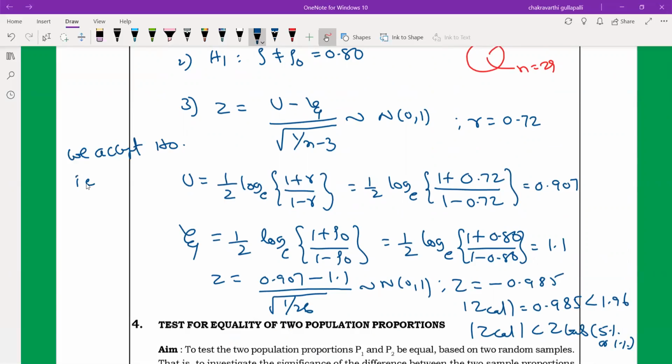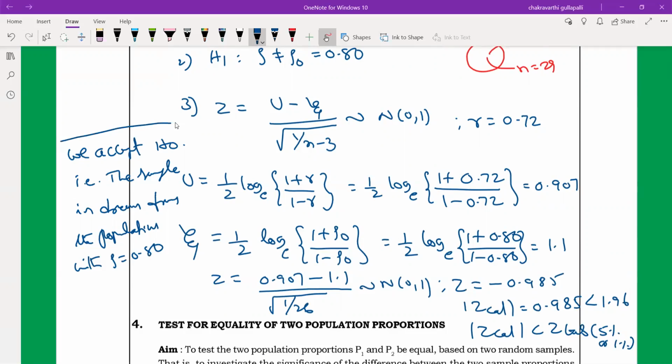That is, the sample is drawn from the bivariate population with true correlation rho equal to 0.80. So this is the final comment of the problem.